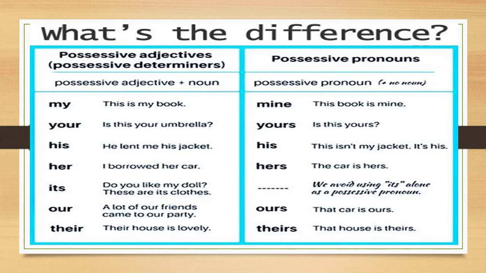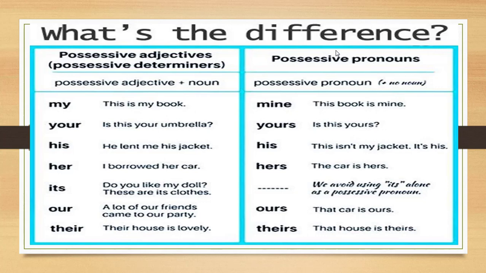What is the difference? There are possessive adjectives and possessive pronouns. So, possessive adjectives are also called possessive determiners. Possessive adjectives come with a noun.